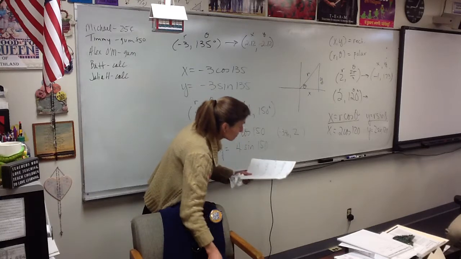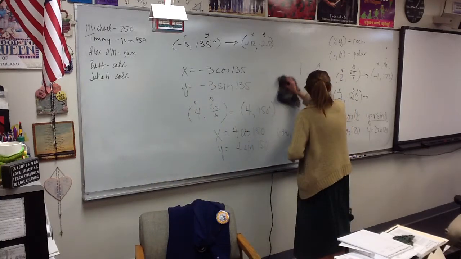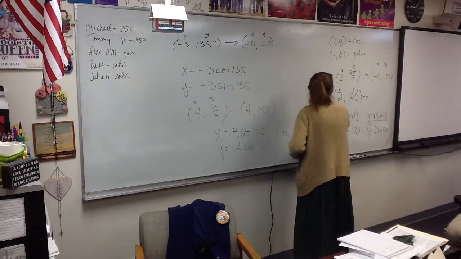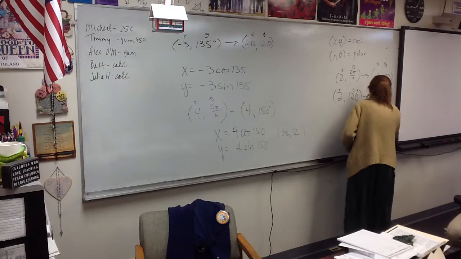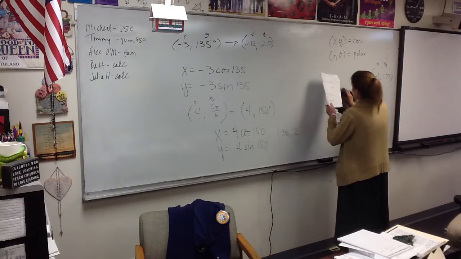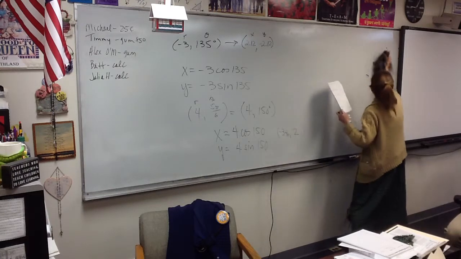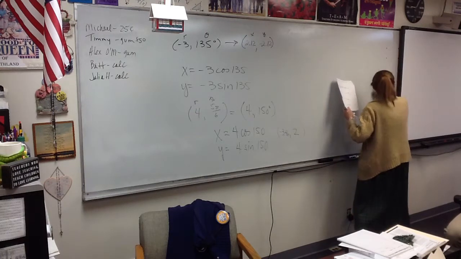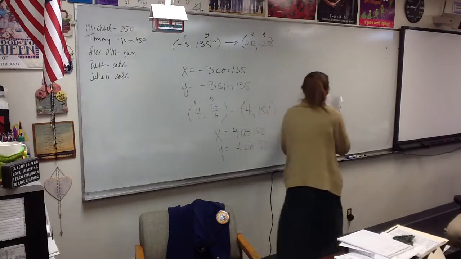All right, let's look at the next part, because the next part is just the opposite. In the next part, we are starting with rectangular. In other words, we're starting with x and y, and we're going to change it into polar.